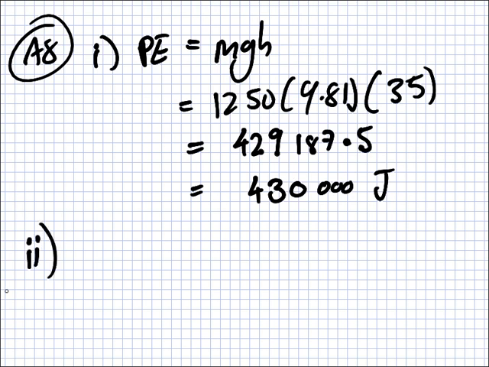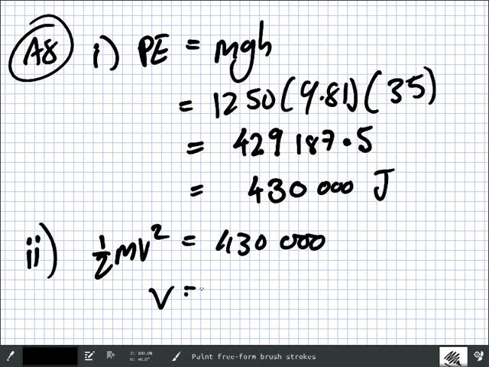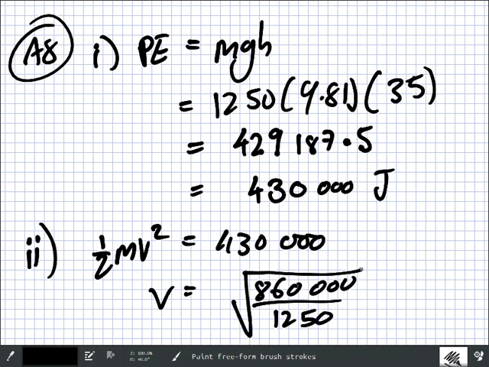Okay, 2. What's the kinetic energy? No, what's the velocity? So you could say a half mv squared equals 860,000. So that means v equals the square root of 860,000 over 1250. I cancelled it.